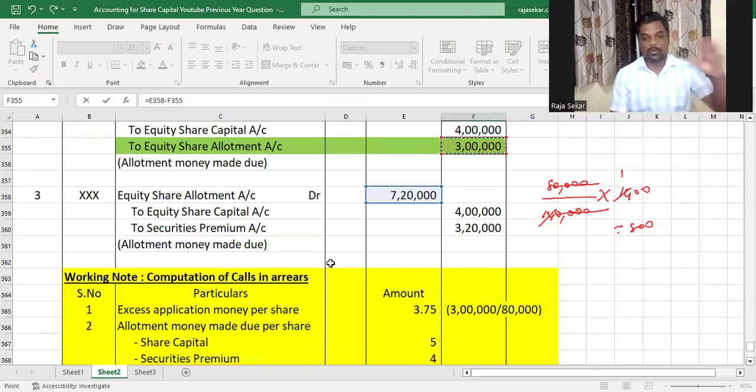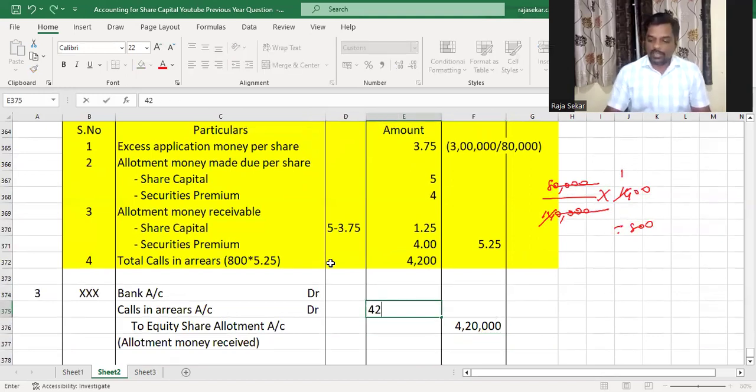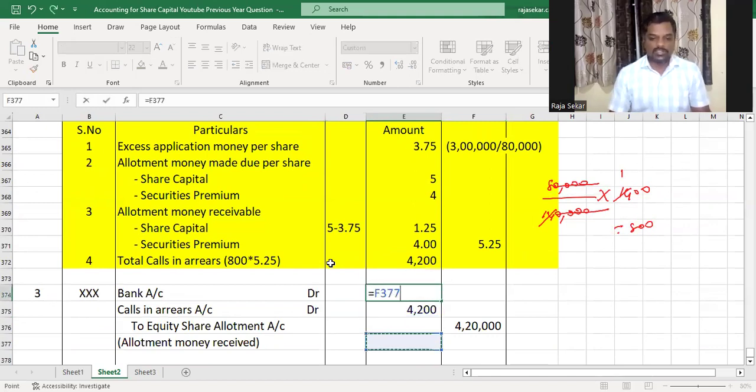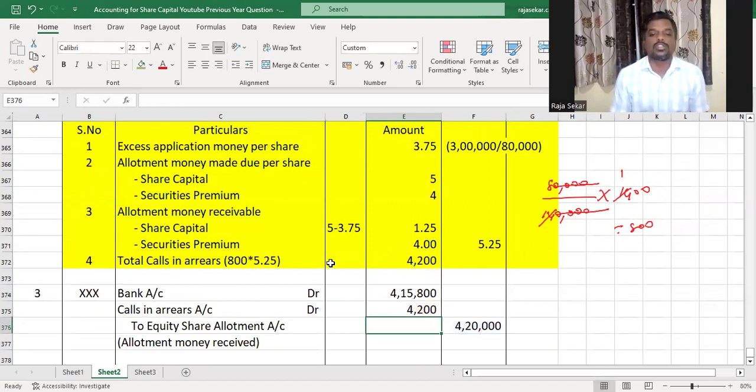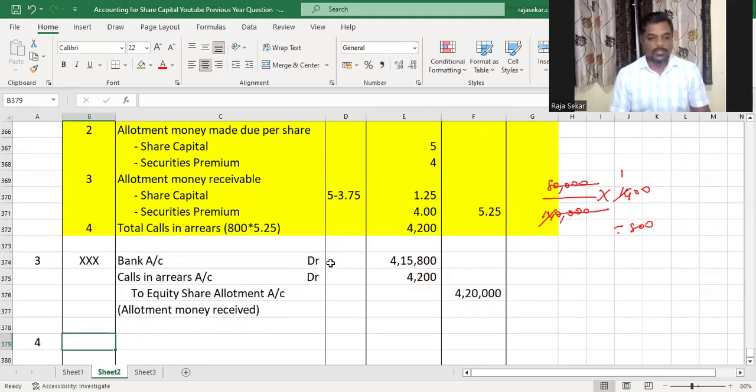That is, 7,20,000 is the total amount due on allotment. We subtract 3 lakh and we credit 4,20,000. Understood or not, my dear children? Out of that, we have computed that the calls in arrears is 4,200, and therefore the amount received in bank will be the balancing figure, which is 4,20,000 minus 4,200, which is 4,15,800. Understood or not, my dear children?